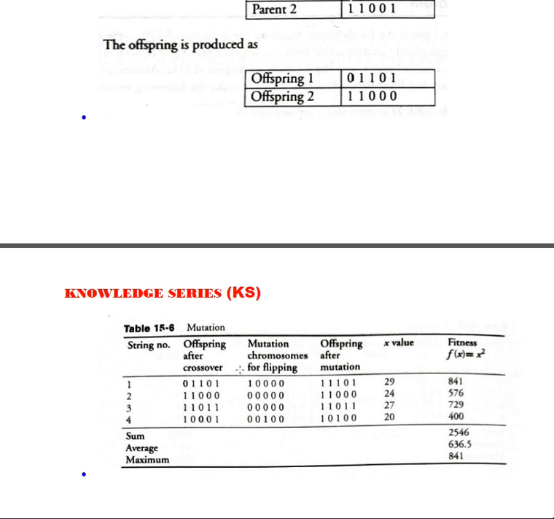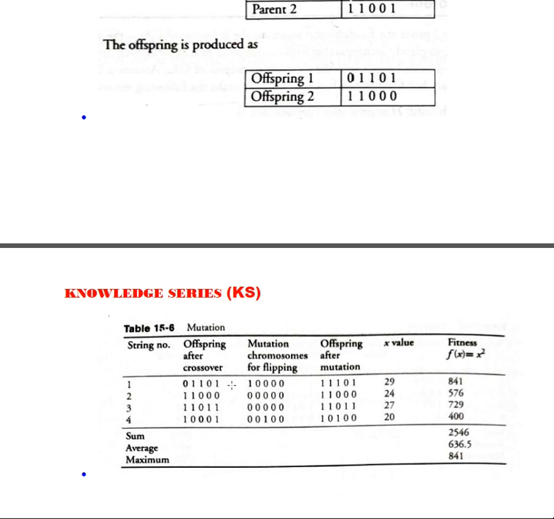Now after this we are going for flipping. The flipping scenario we have taken into consideration. So mutation for chromosome for a flipping. If you watch carefully, we have taken some value, and that value we are combining with this one. So it's an XOR situation.